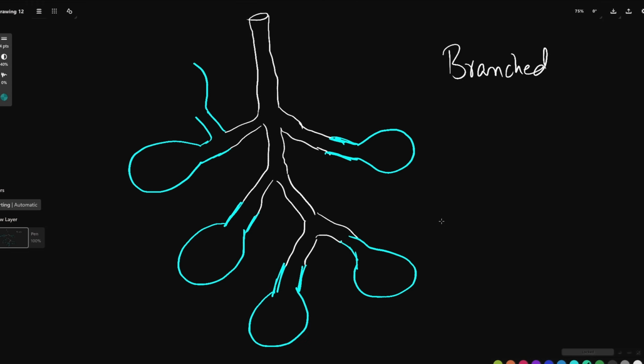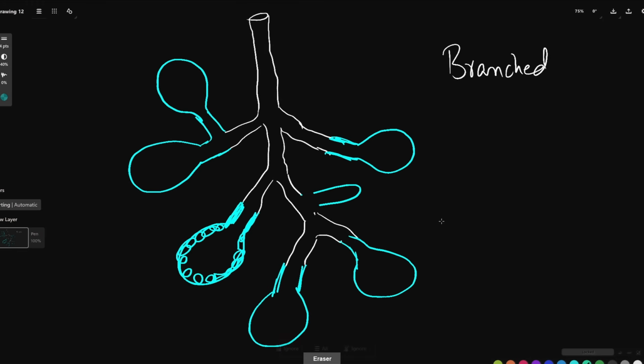And if we talk about the shape of the secretory part, it is not only this part which is secretory, even a part of the tubular part is also secretory. And sometimes some of these ends may not even have these acini. So let me show you. For example, the shape might be like this.